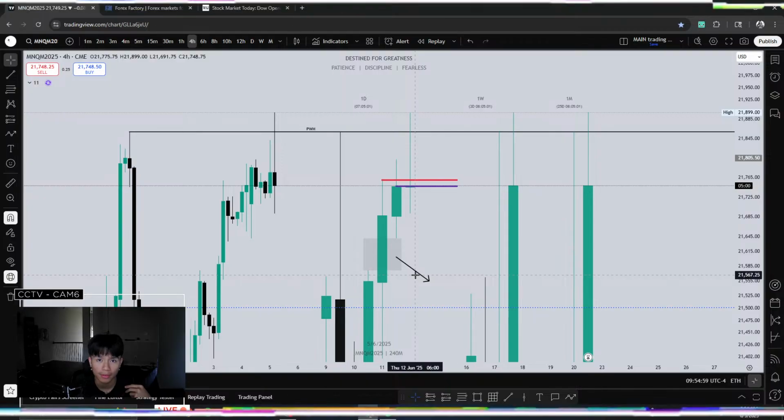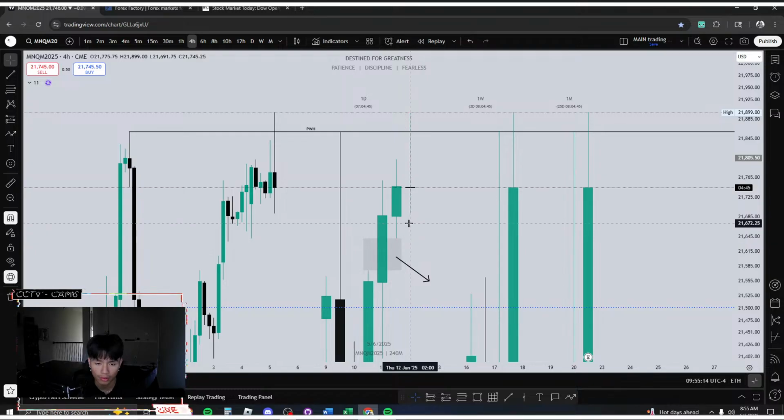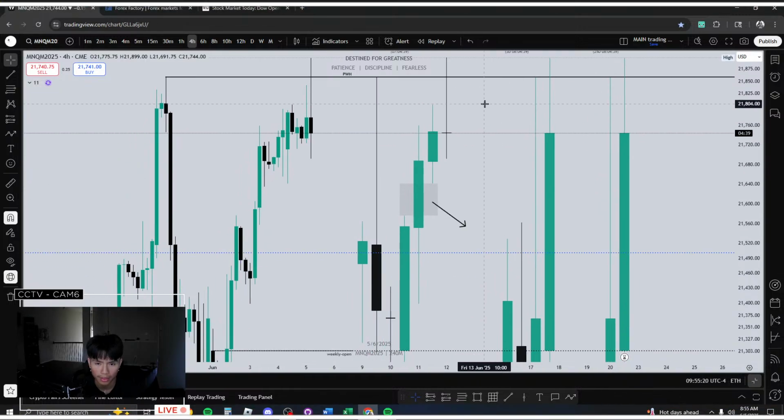However, could is not definite language. There's a possibility of us rebalancing into the fair value gap. However, like today, sometimes we are not going to follow that concept to the T.